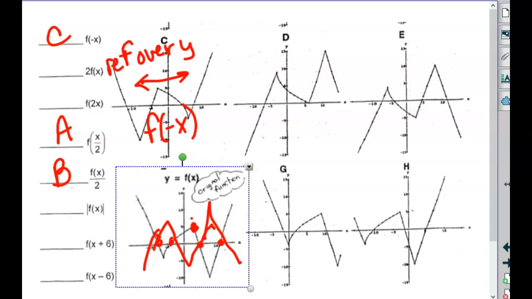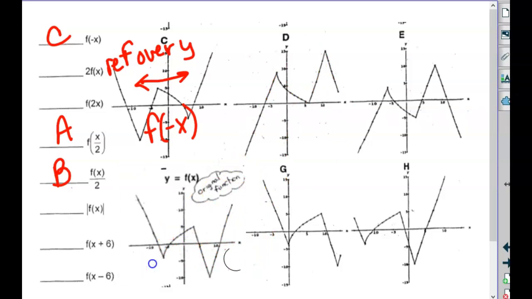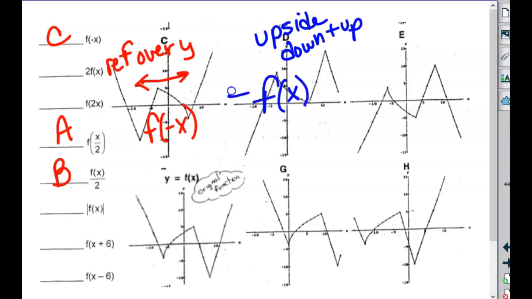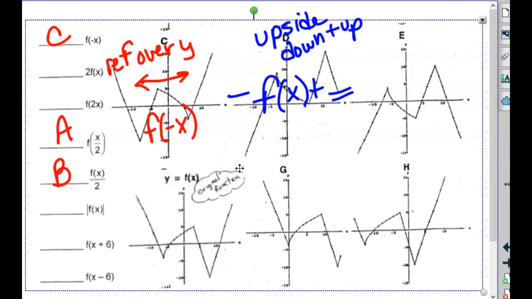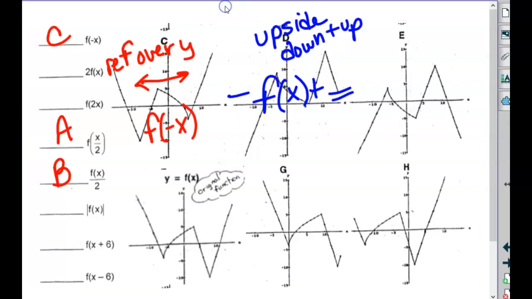So my little scribble that was the upside down has also been shifted up here like this. So, okay, I'm going to erase this upside down and up. Which would be changing y outside, and up would be plus something on the outside. So what are my choices here? I'm talking about D.